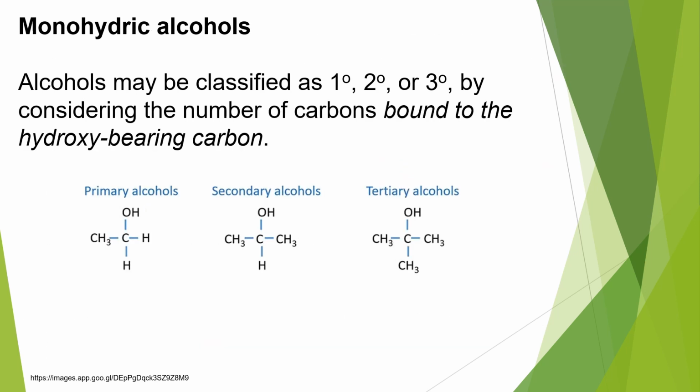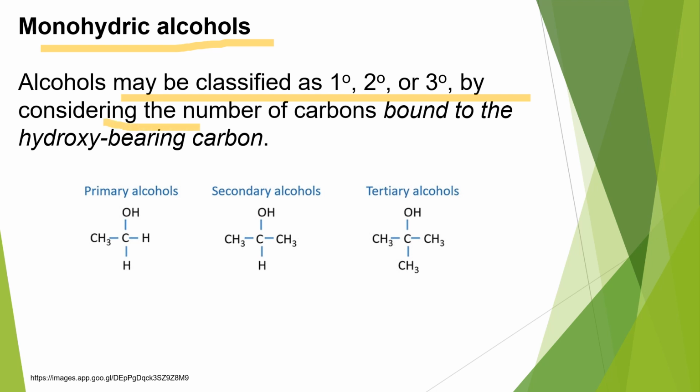Now moving on to the classification of the monohydric alcohols. You know what monohydric alcohols are? Monohydric alcohols are the ones which contain only one alcoholic group, isn't it? The monohydric alcohol is classified as primary, secondary or tertiary by considering what?